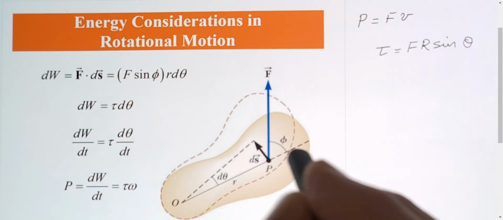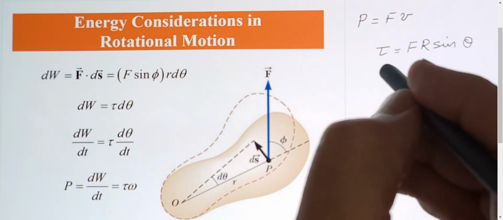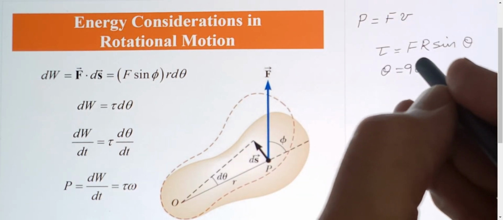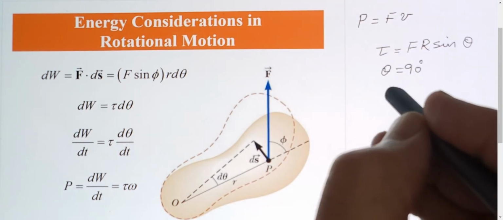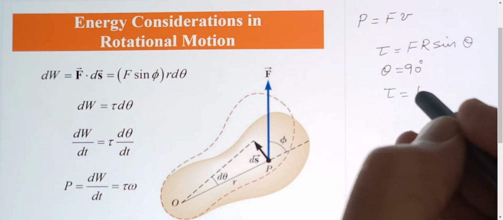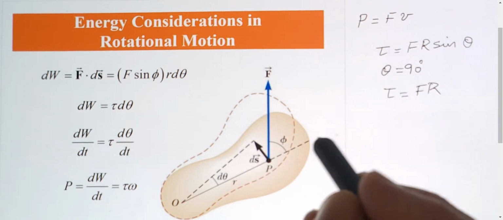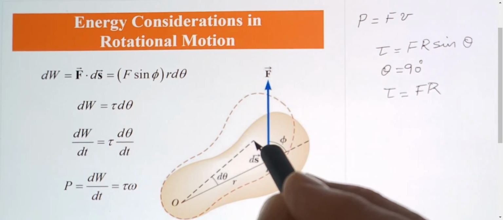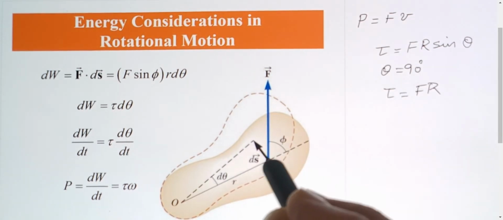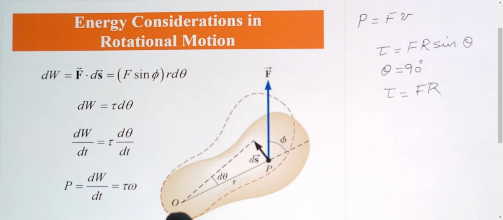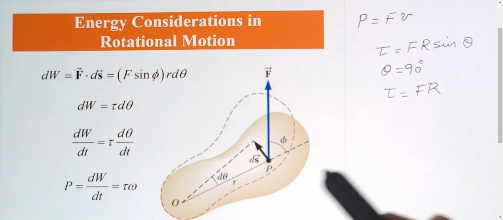Let's assume that theta is equal to 90 degrees. What will happen? Then torque is equal to Fr. When the angle between the force and the object is 90 degrees, what is the work done by the force on that object?